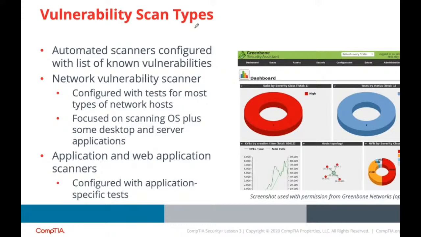Nikto is one of them, which looks for known web exploits like SQL injection or cross-site scripting, and also analyzes source code and database security to detect insecure programming practices. Acunetix is one of them. Nessus is one of them, which also goes for web vulnerability scanning, but we need to configure it a little bit.